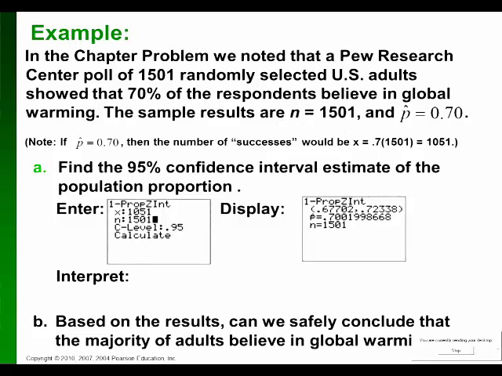In order for me to construct a confidence interval, you have to give me either the number of successes or the proportion of the sample and the sample size so that I can multiply those together and get the number of successes. And then the sample size and the confidence level.